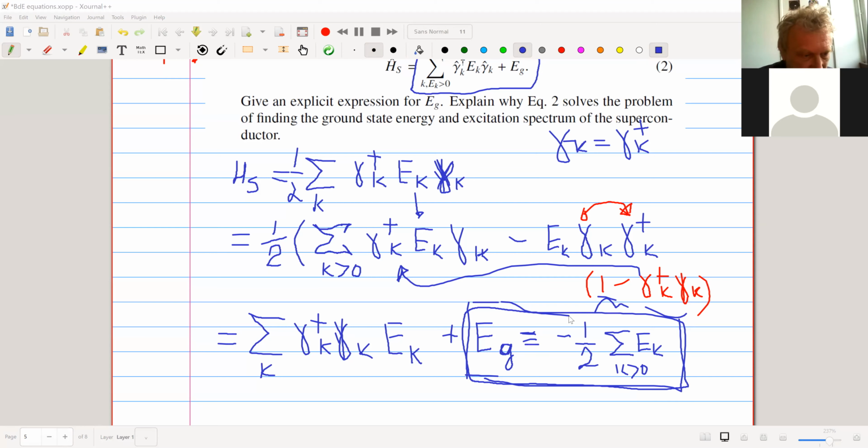The question, what about E naught? E naught contributes both to energies of the ground state and energies of excitation. That's why I just throw it away.